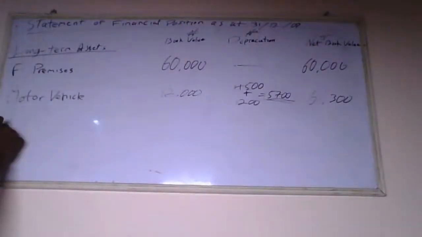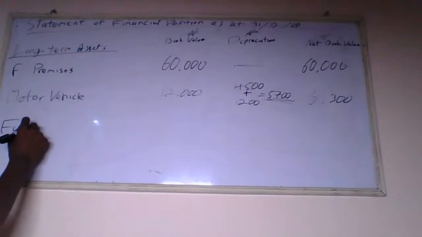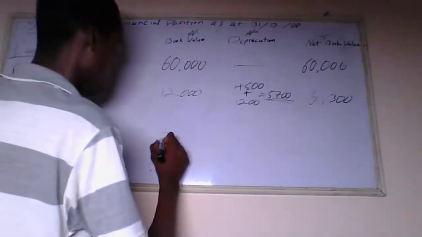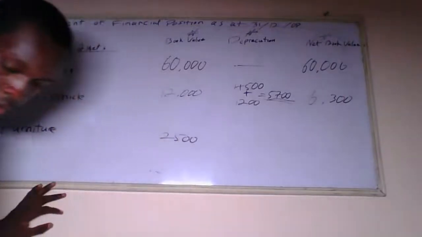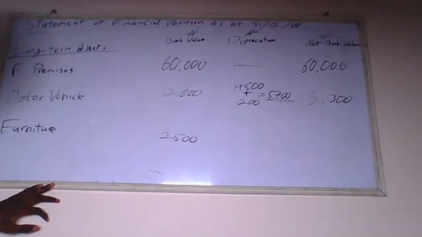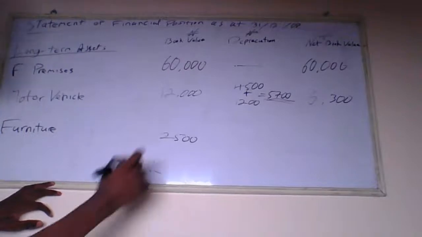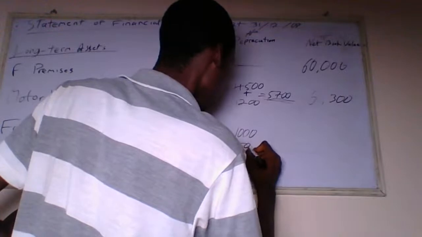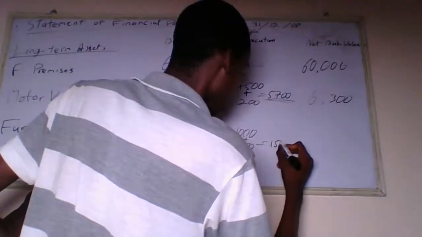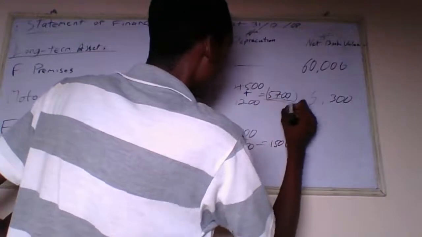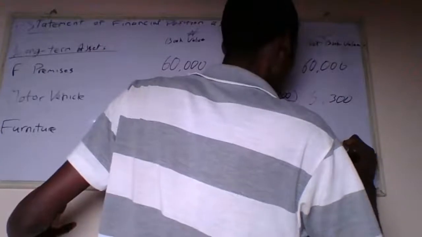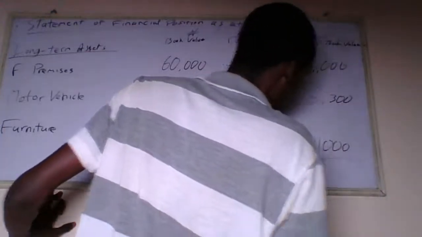And then we move on to our furniture. And here you do the same thing that you did just now. So our accumulated depreciation here is 1,000, and for the year we have 500. So the balance here is. So now we're done.